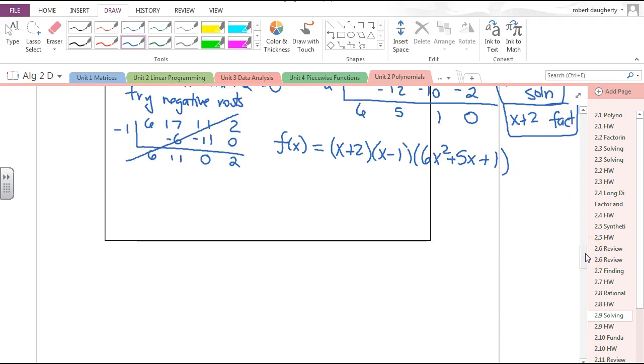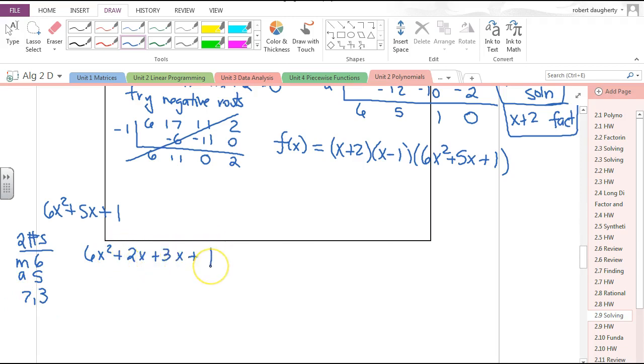So if this factors, 6x squared plus 5x plus 1, I would need two numbers that do what? Multiply to 6 and add to 5. Are there numbers that do that? Multiply to 6 and add to 5. 2 and 3, okay? So this is 6x squared plus 2x plus 3x plus 1.